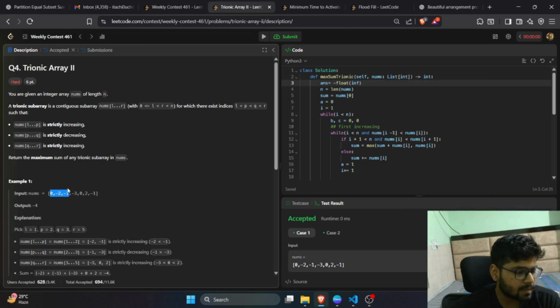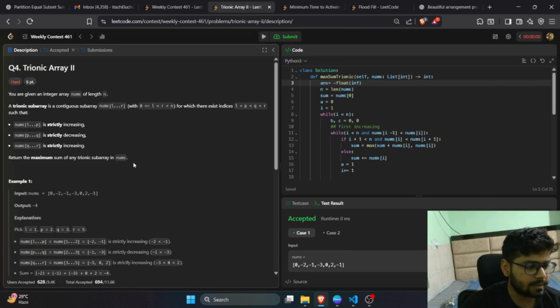So just keep in mind that strictly increasing means it should increase at every point, and strictly decreasing means it should decrease at every point. It should not be equal to its previous value.